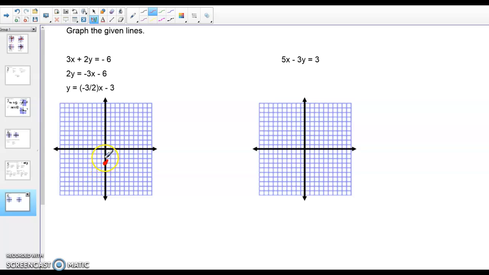I'm going to go up 3, 1, 2, 3, left 2. And then I'm going to go down 1, 2, 3, right 2, excuse me. So, once again, from the y-intercept, up 3, left 2, down 3, right 2. And then we try and draw our line as best we can, as neatly as we can.